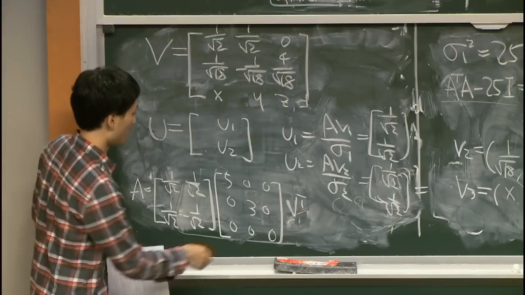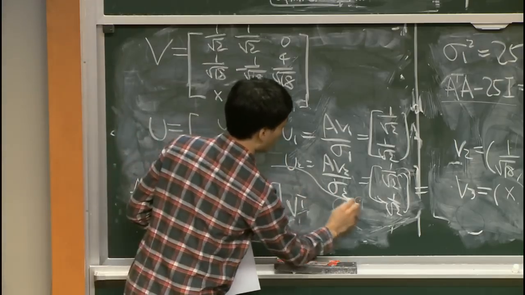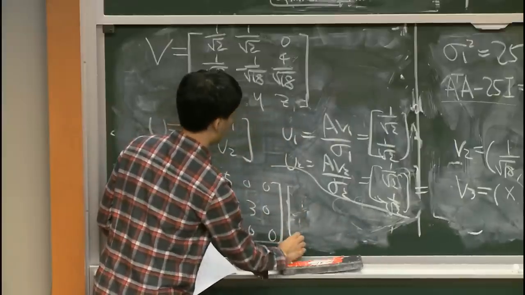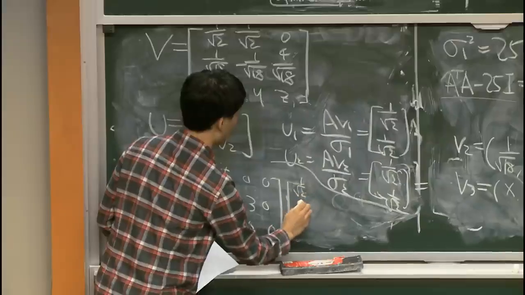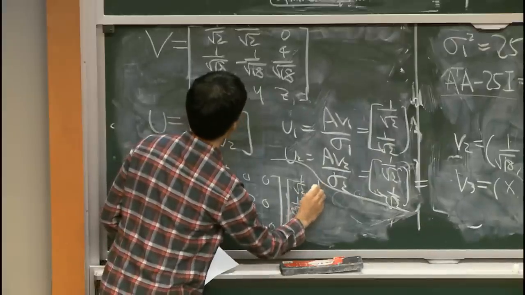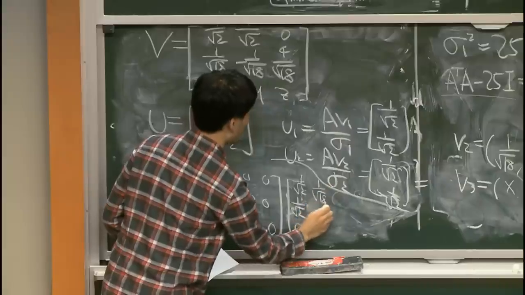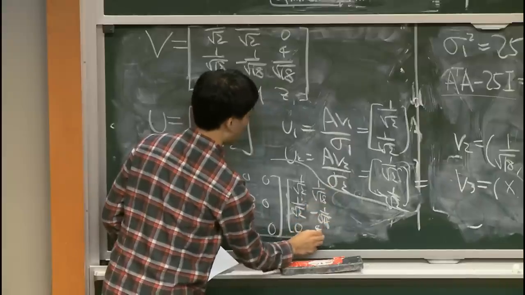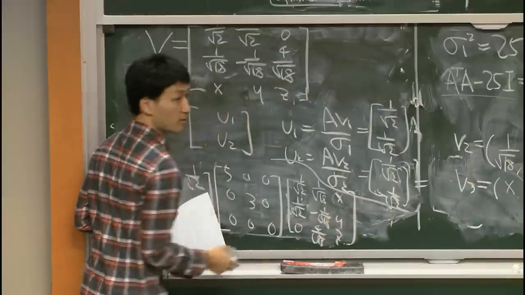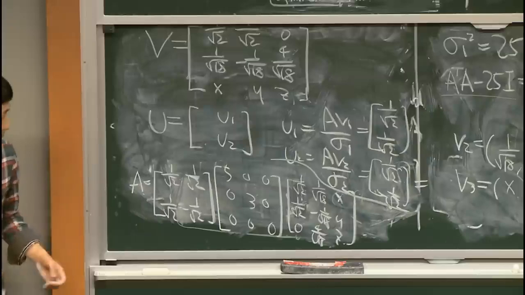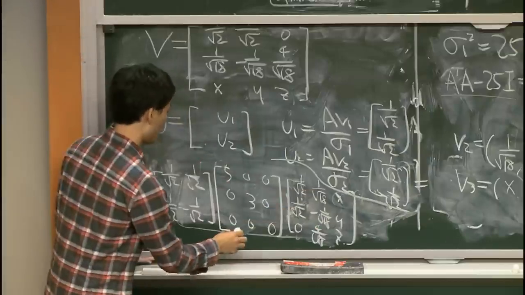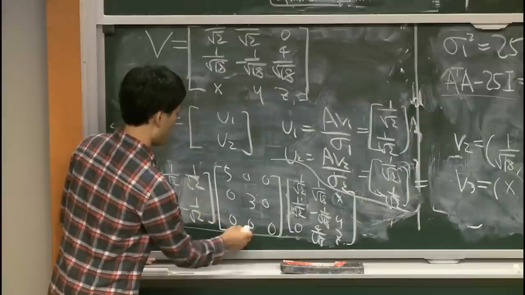And so let me actually write it because I want to show you why x, y, z is not important. 1 over square root 2, 1 over square root 2, 0, 1 over square root 18, minus 1 over square root 18, square root 18, x, y, z. The reason I'm saying this is not important is because I can just drop this column and this column together.